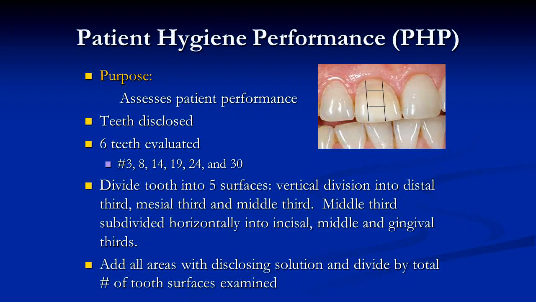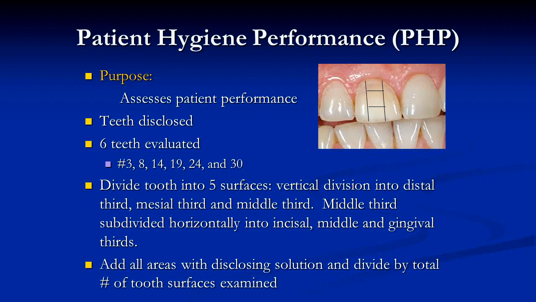So you're going to do the middle third and the mesial third and the distal third of the tooth in a vertical plane, and then the middle third is subdivided horizontally into an incisal, a middle, and a gingival third. So you would actually have potentially 5 areas or 5 surfaces that the plaque could show up on those 6 teeth.